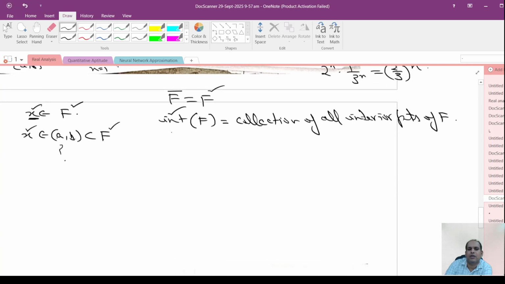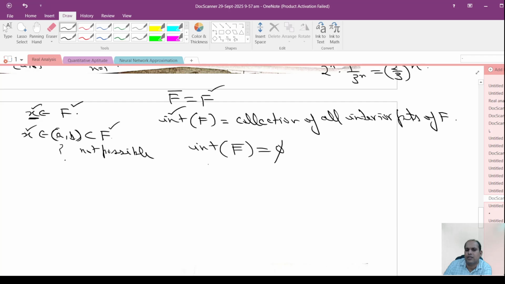So such an interval containing x and contained in F is not possible. So there is no interior point. Hence the interior of F closure is equal to phi, and this is actually the definition of a nowhere dense set. So the Cantor set is nowhere dense.